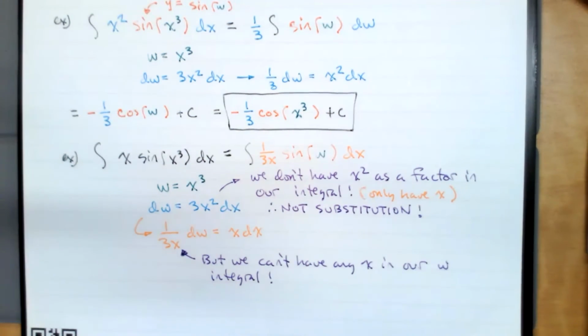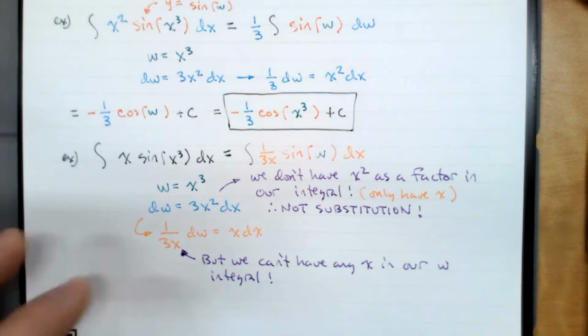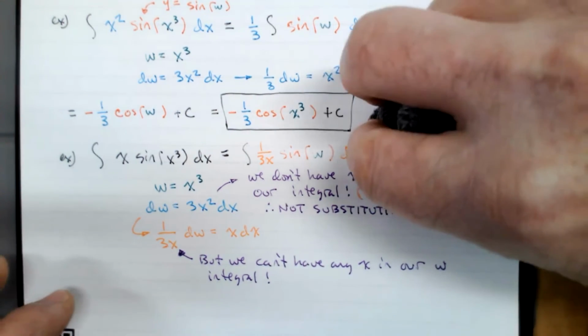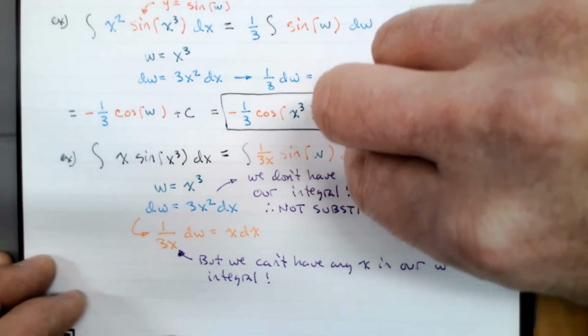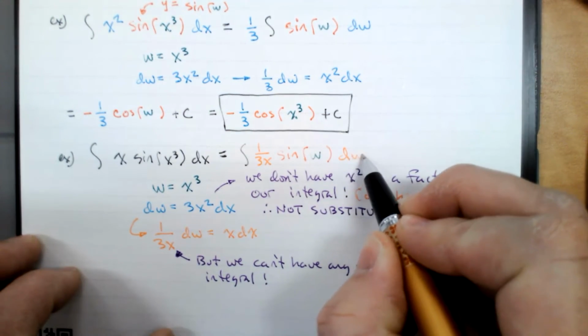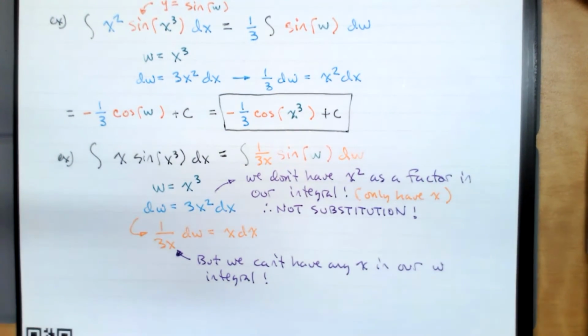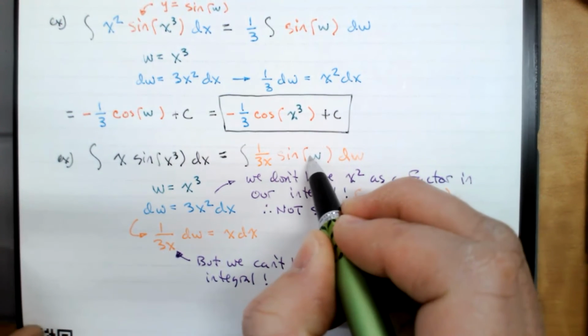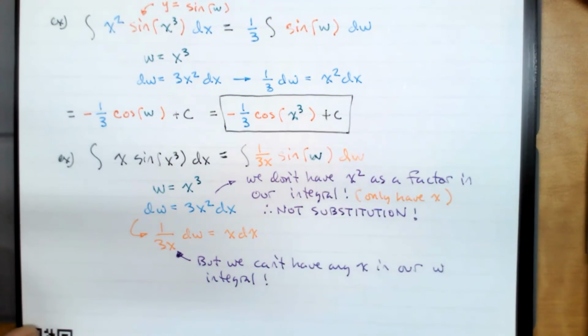And the problem is I've still got x in my, oops, I put dx, I want it dw. So the problem here is I've still got x in my w integral.